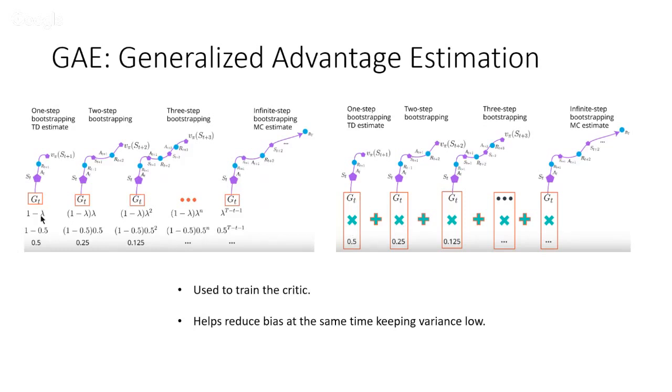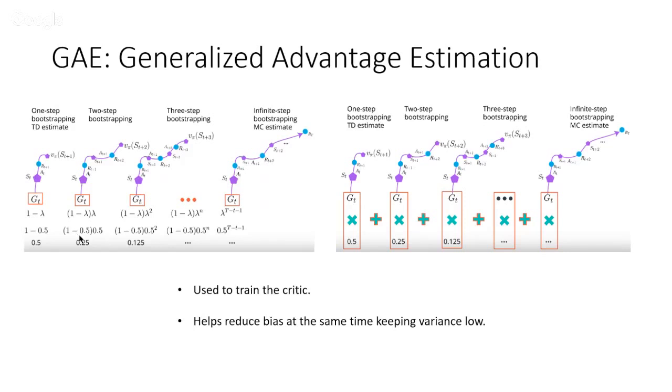Suppose you chose lambda as 0.5. You compute 1 minus lambda, 1 minus lambda times lambda, multiply them by each of the returns, and then take a sum. So it's like you are taking their weights. You decide the weights for each of them, and then you sum up the weights times the expected returns.